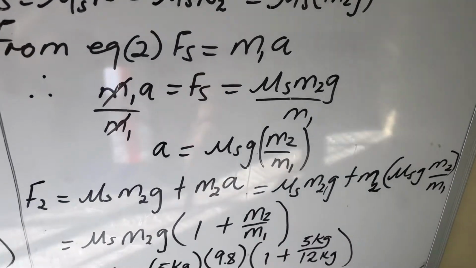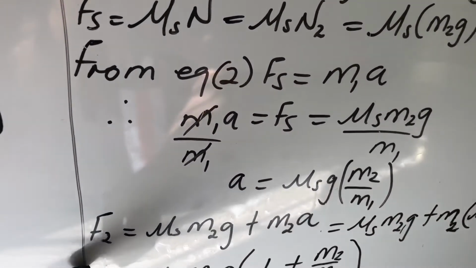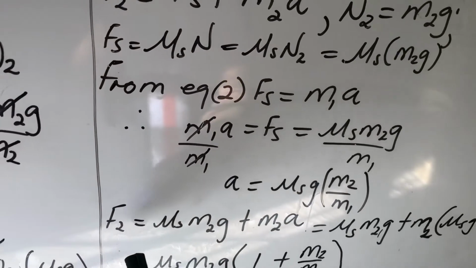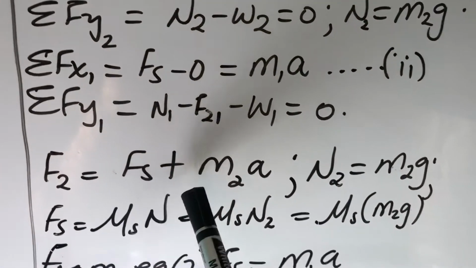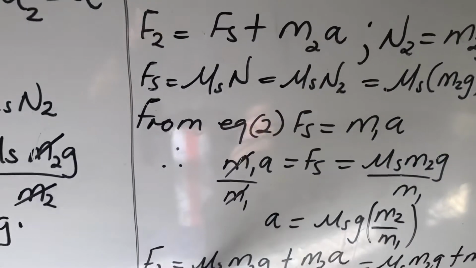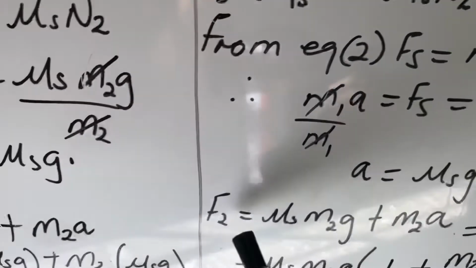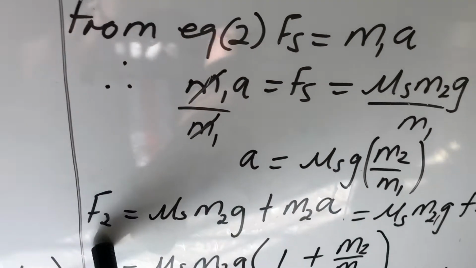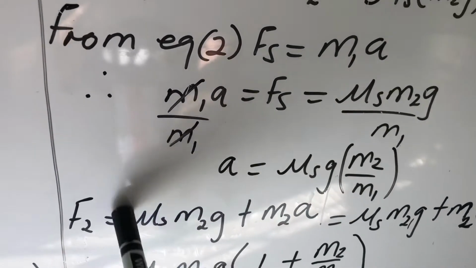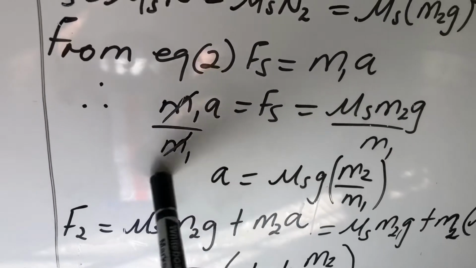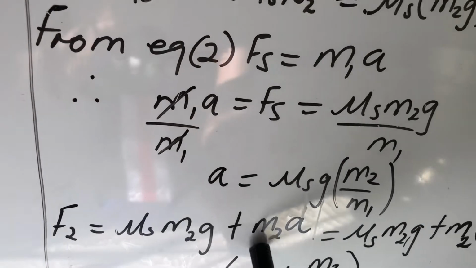So everywhere there is A, we substitute the value of A by that. From F2 is equal to Fs plus M2A, this is our equation that we have here. In place of Fs now, since we know the value of Fs is mu s M2G, that's why you see me writing here F2 is equal to mu s M2G plus M2A. It's just the other way of saying Fs plus M2A.